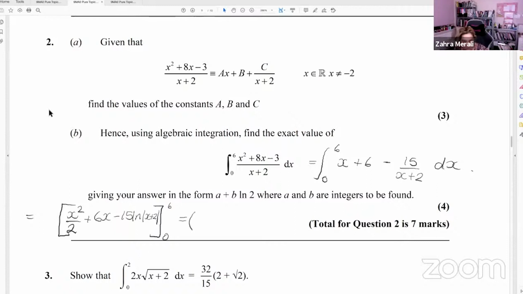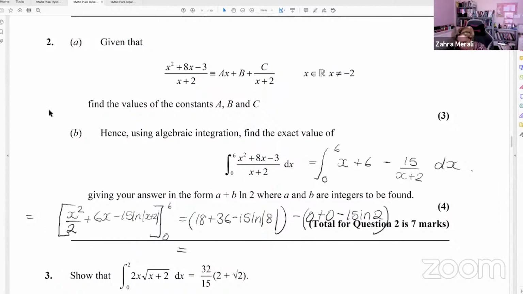When I substitute 6 in, I'm going to get 6 squared, so 36 divided by 2, which is 18, plus 6 times 6, which is 36, minus 15 ln of 6 plus 2, which is 8. And then from that, I'm going to minus, well, that's going to give me 0 plus 0 minus 15 ln 2.